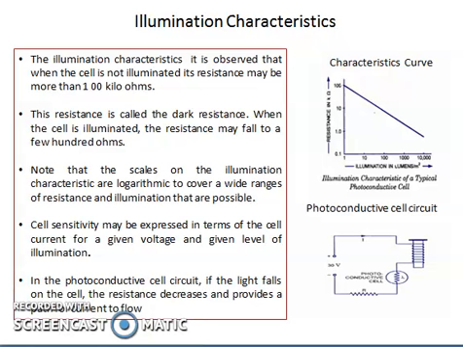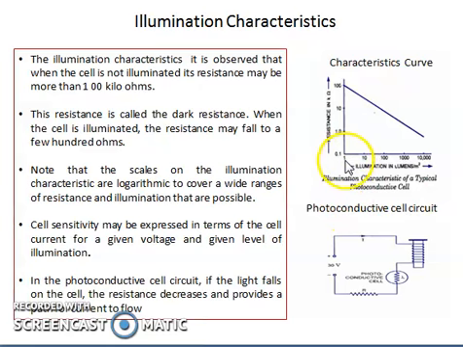So for all devices we have a characteristic curve, and here also we have a characteristic curve which is called the illumination characteristic curve. In the illumination characteristic it is observed that when the cell is not illuminated, its resistance may be more than 1 kilo ohm. So in the diagram you can see the characteristic curve has a very large value, and this resistance is called the dark resistance because we are not providing any light intensity.